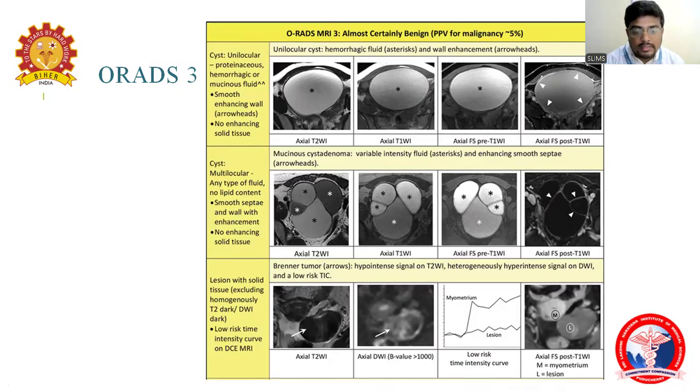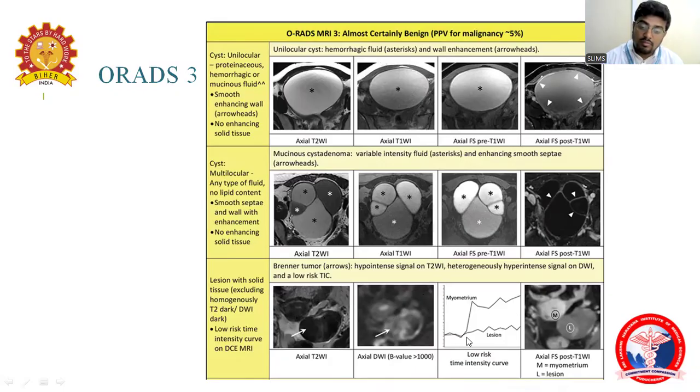The third category of lesion is the lesion with solid tissue, excluding the homogeneously T2 dark or DW hypointense lesions, with low-risk time intensity curve on DCE MRI. Here is a case of Brenner tumor. We are able to see a T2 hypointense lesion with two areas of hyperintensity, and in the axial T2 weighted image, we are able to see patchy areas of hyperintensity within the lesion.